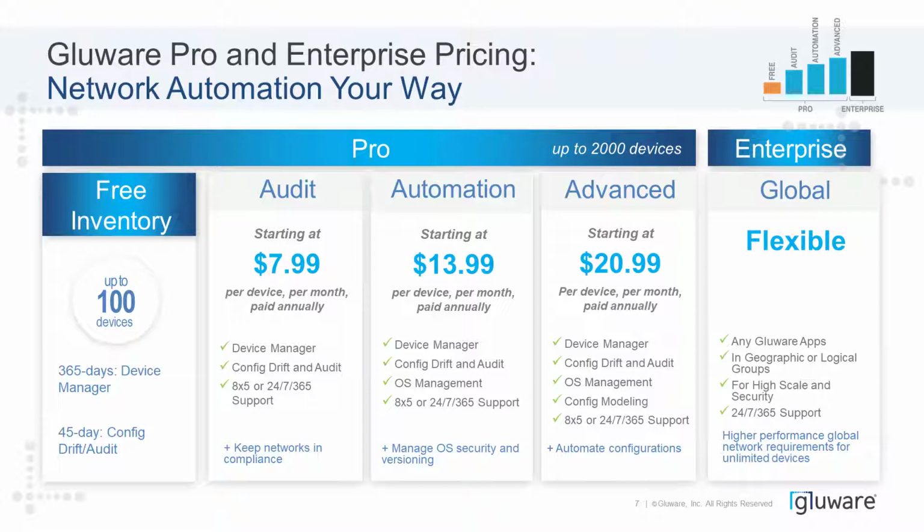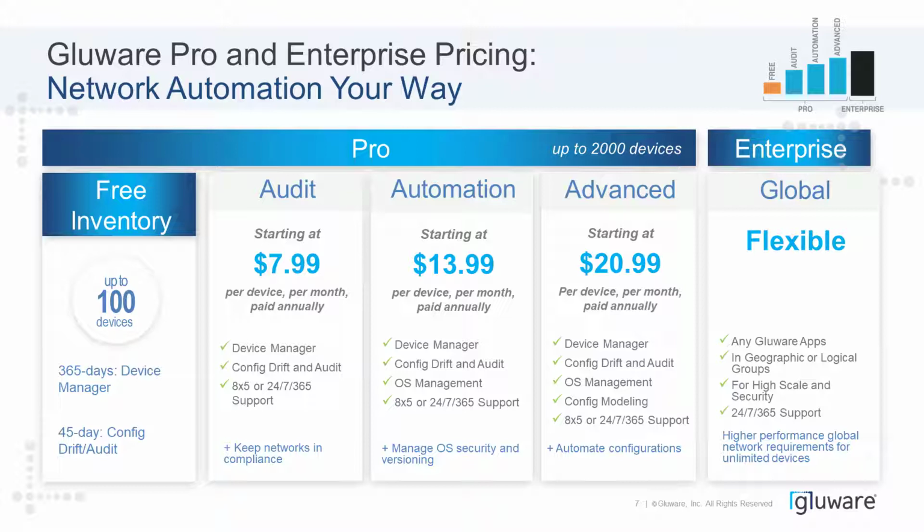And also it has several new features we'll talk about, including config search and device ad hoc query. So we're going to jump into that. But with that free inventory, you get Gluware free for 1 year with the Device Manager app, and you get a 45-day trial of config drift and audit. So we're confident that once you start using it, you're going to want to keep using it in your engineering and automation of your network.